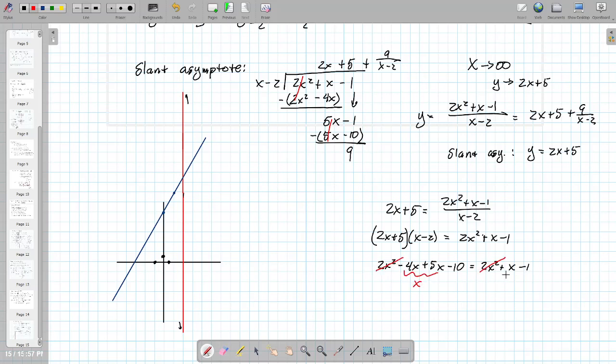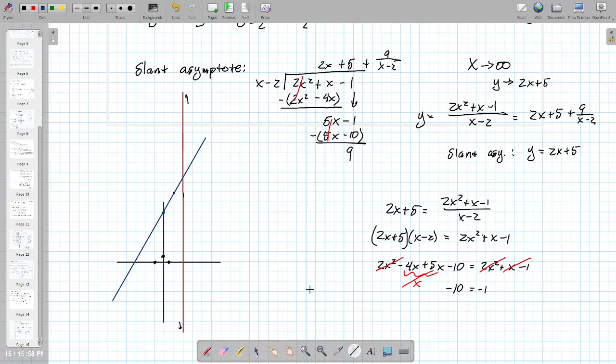This would be a single x, and we can cancel this x with this x over here. And we end up with an equation, -10 is equal to -1. Now, this equation is, of course, never true, ever. -10 is never equal to -1. What that means is that this line is never equal to this function, which means we have no intersecting points.